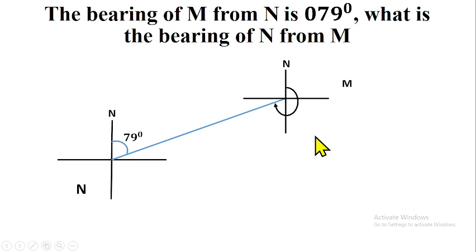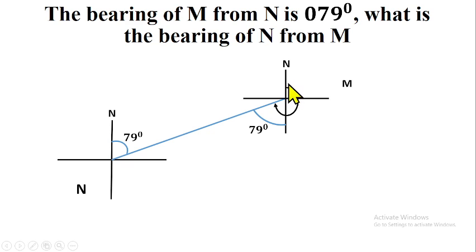Good. So if that is the case, how do we find the angle from the north back to this line here? It's very simple. From the north to the south, the total angle is 180. Then you can get the angle from here to here, because this angle here is alternate to this angle here, so it is going to be 79 degrees.